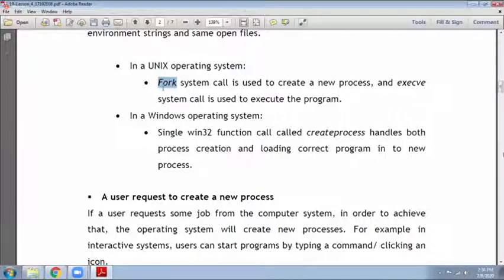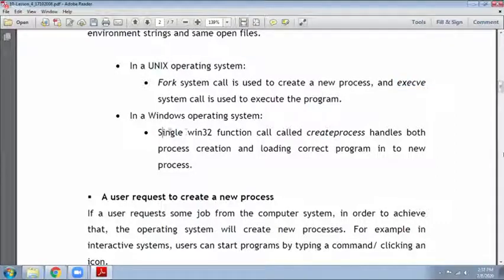Now Unix uses the command called fork, F-O-R-K. This system call is used to create a new process, right? And the execve system call is used to execute the program. So you have to first create a process, then execute it.